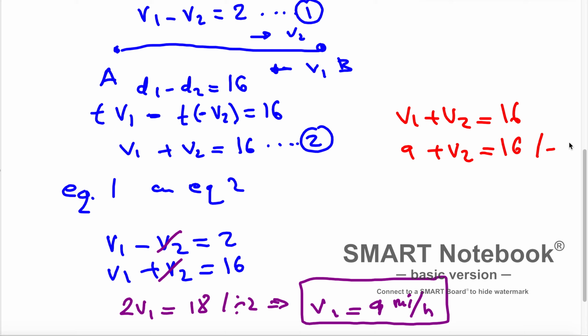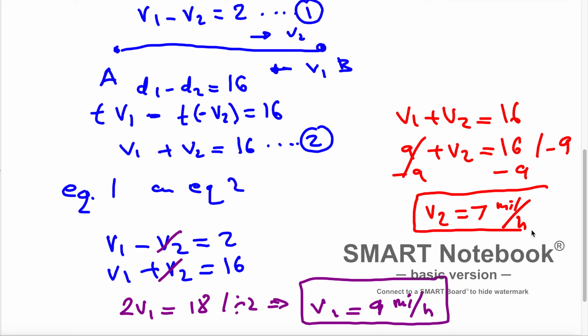We subtract 9 from both sides, so this cancels, and v2, the slower runner, is going to be 16 minus 9, which is 7 miles per hour. So the slowest runner is going to run 7 miles per hour, while the faster runner is going to run 9 miles per hour.